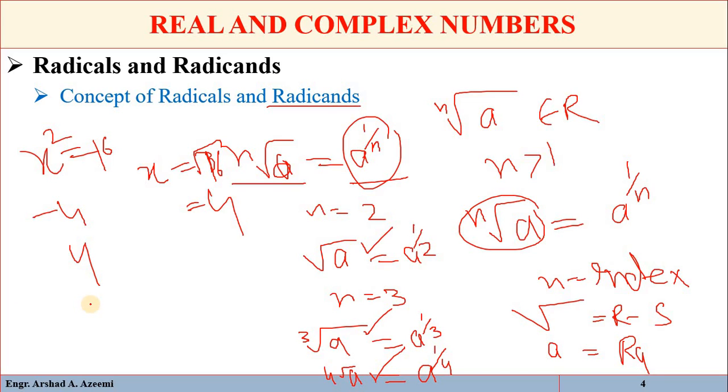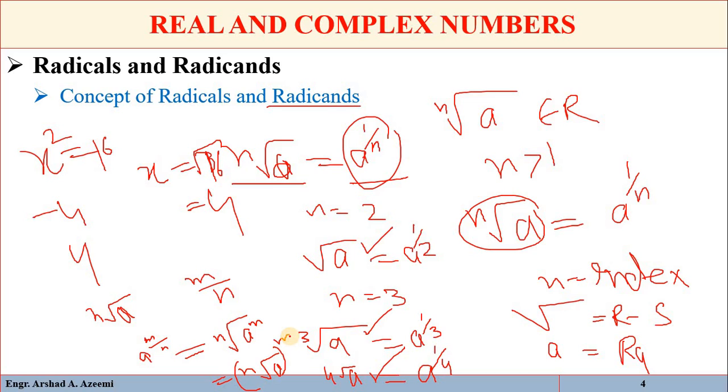Suppose we have the nth root of a, that is another form of the radical. If the nth root of a represents a real number, and for example m by n is a positive rational number, then a to the power m by n will be equal to the nth root of a to the power m, or it will be equal to the nth root of a whole to the power m.